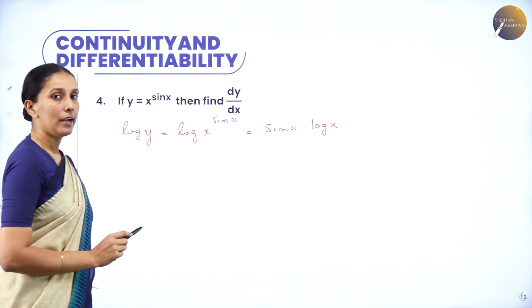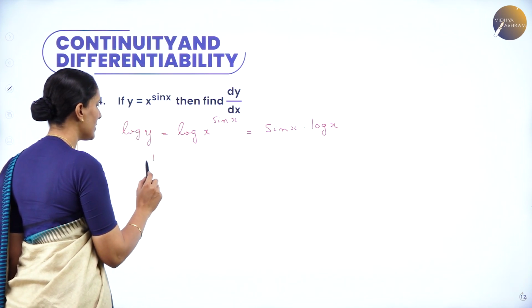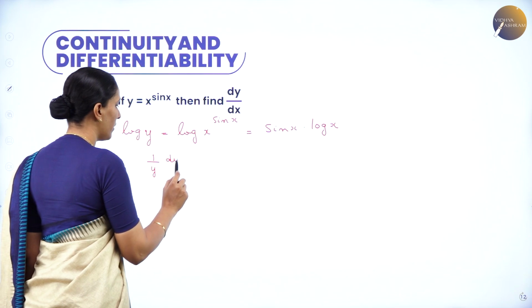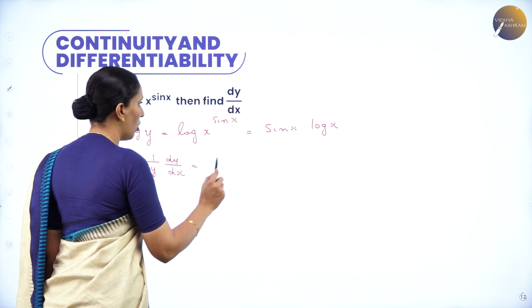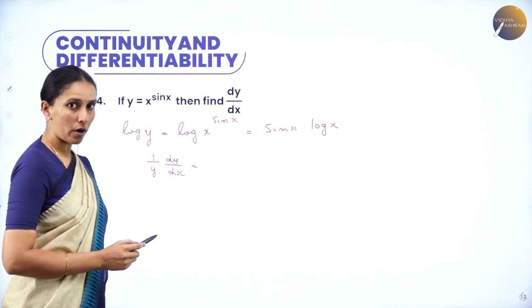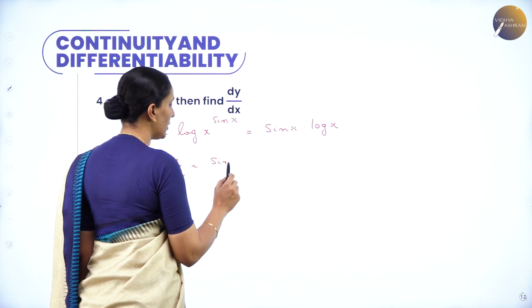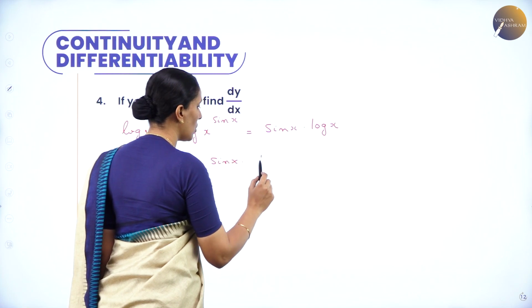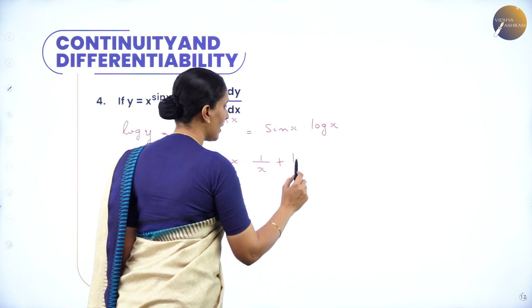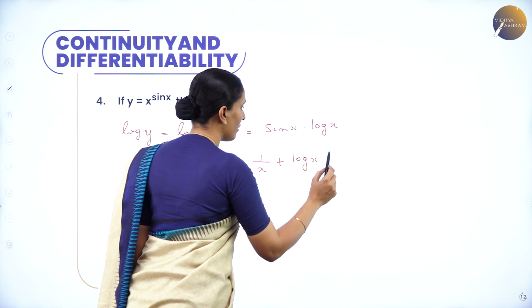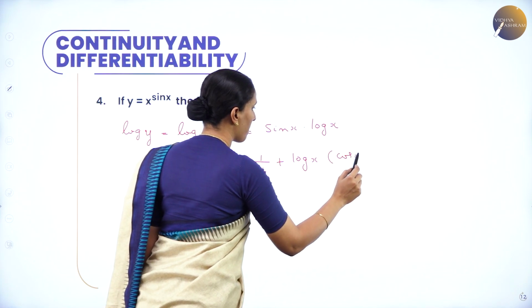Now let us differentiate this. So log y gives 1 by y dy by dx. On the right hand side, we need to apply the product rule because we have two functions. So first function into derivative of second, that is log x is 1 by x, plus second function log x into derivative of sin x, which is cos x.